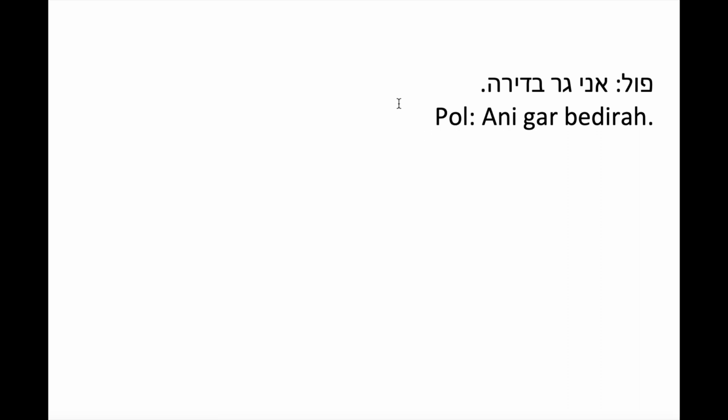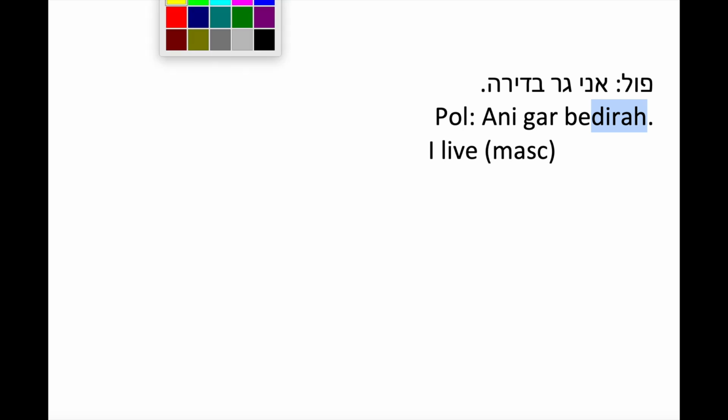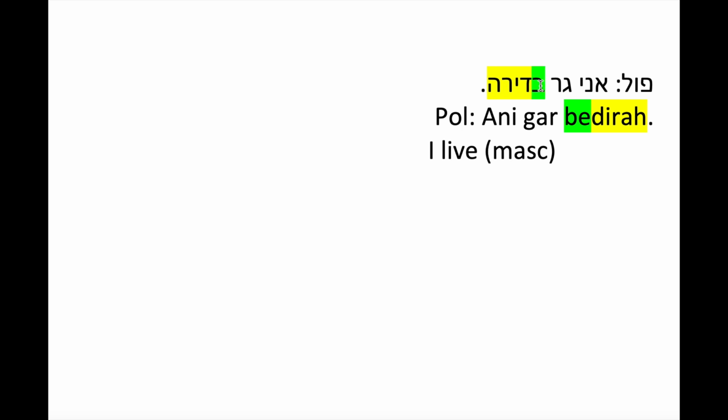So "ani" means "I." "Gar" is the masculine form of "live." And "dira" means "apartment." And "be" means "in." So this little "be" here means "in." It is written with a B sound in Hebrew. So, "in apartment."